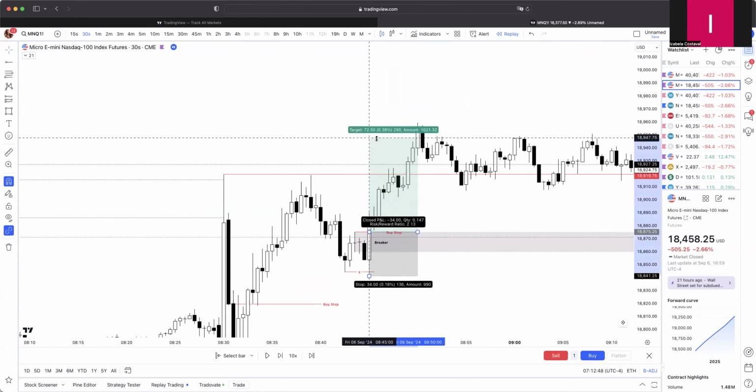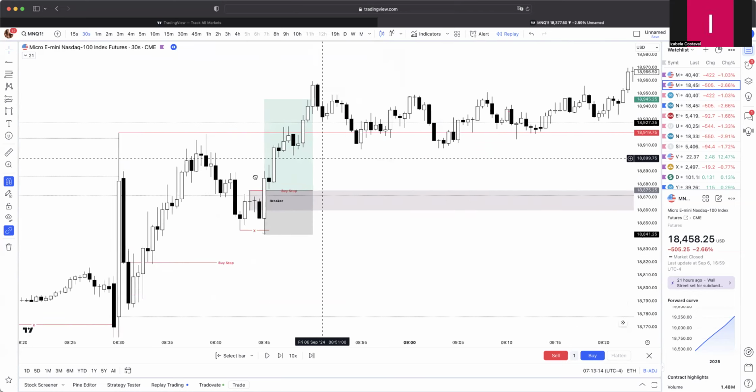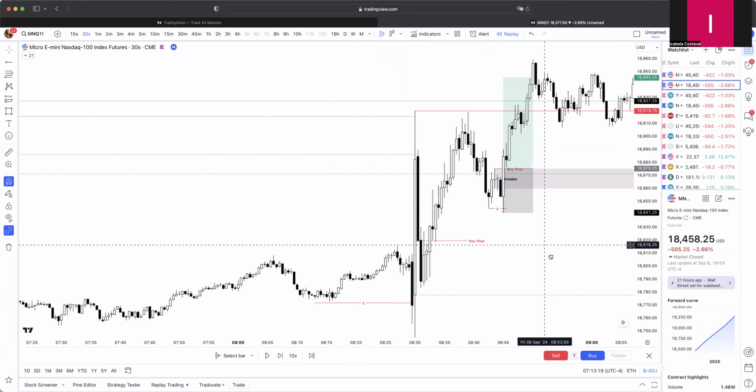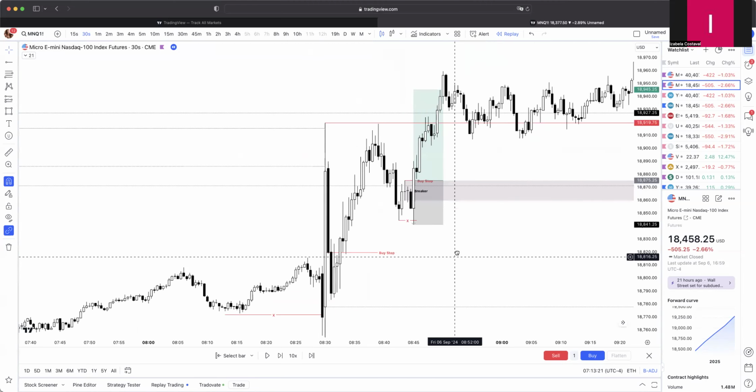I was expecting this to go a lot higher. I'm not gonna lie, it didn't, and I was upset that I couldn't get this entry, but it played out perfectly. I was able to make some money with it, at least on my live accounts.